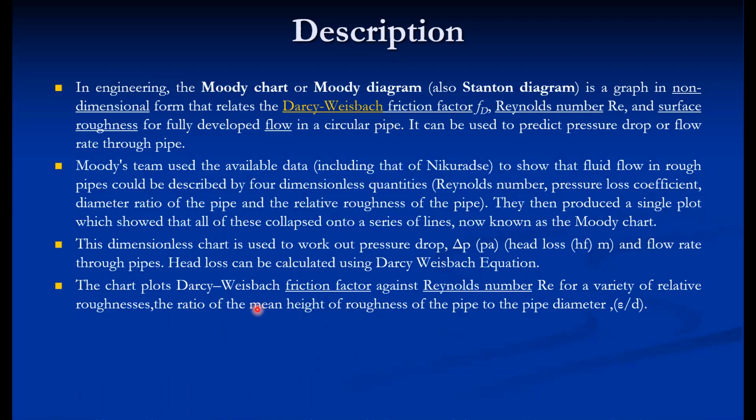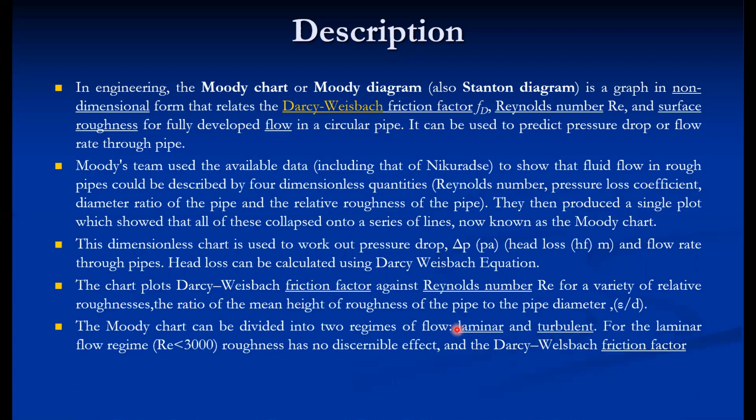How the chart is plotted is given in this particular line, by taking friction factor against Reynolds number for a variety of relative roughness values. The ratio of the mean height of the roughness of the pipe to the pipe diameter is called the relative roughness. The Moody chart can be divided mainly into three regions: laminar, transition, and turbulent.